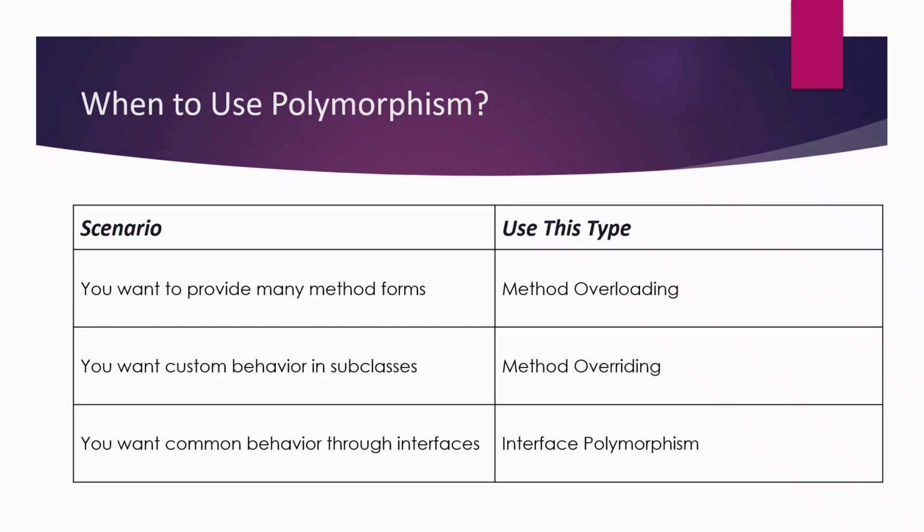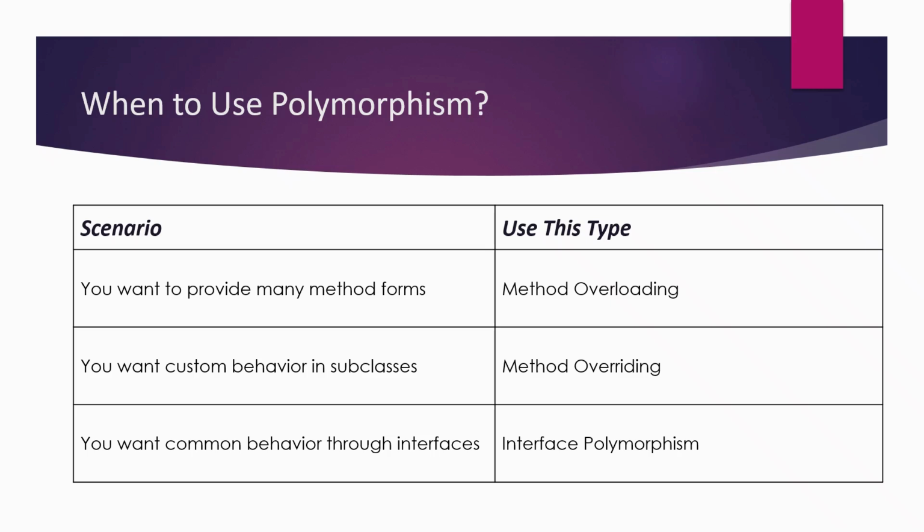Now we will see when to use polymorphism. If you want to provide many method forms, then use method overloading, compile time polymorphism. What it means: when you need different ways to perform a similar task, based on the input. If you want custom behavior in subclasses, then use method overriding, runtime polymorphism.